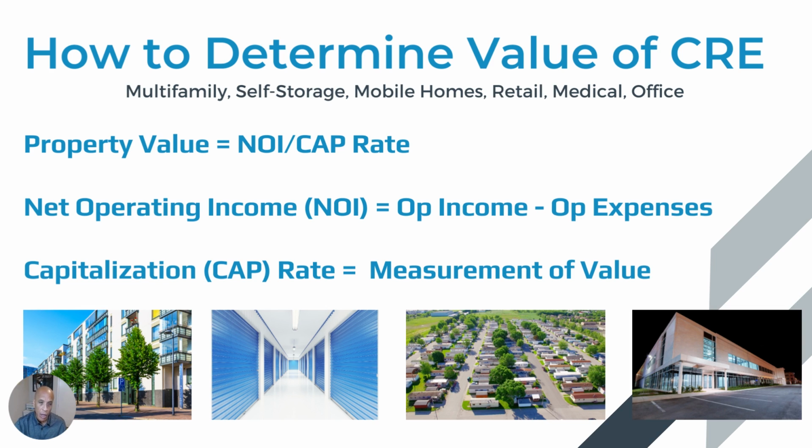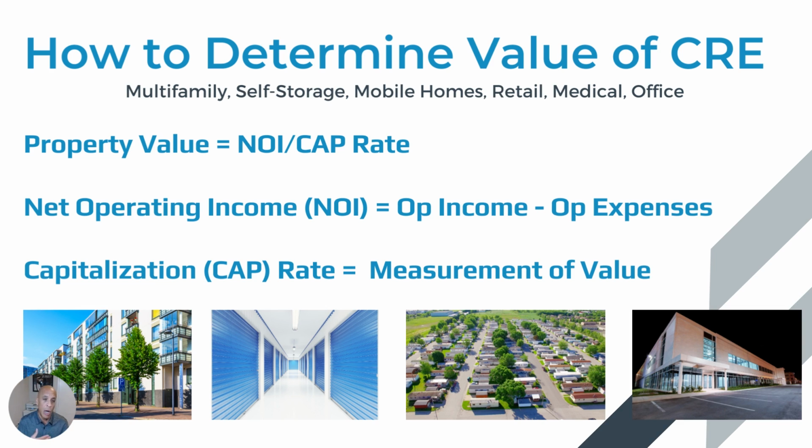Tenants might also pay extra fees for utilities like electricity, cable or water, or even extra fees for reserved parking. There are various ways to increase your operating income, but your gross operating income minus your operating expenses equals your net operating income.